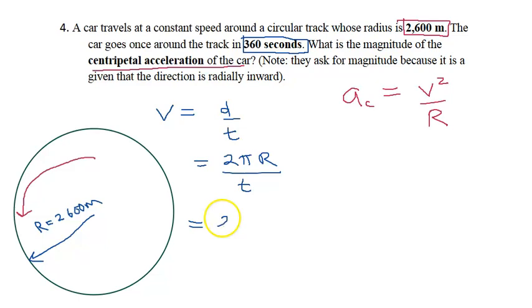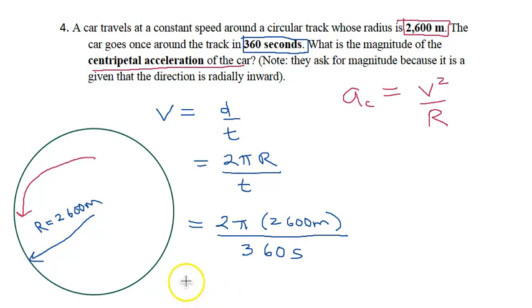So to find the speed, you're going to take 2 times pi times 2,600 meters. Always make sure it's the radius, not the diameter, and vice versa. Just be careful because that trips me up sometimes. Over 360 seconds. And then that yields a speed of 45.4 meters per second.